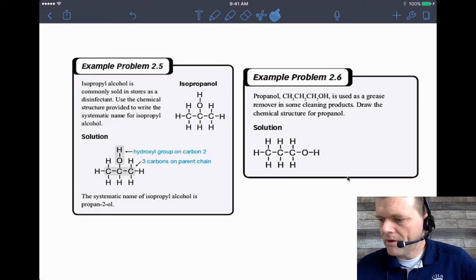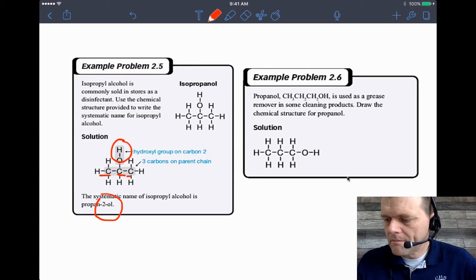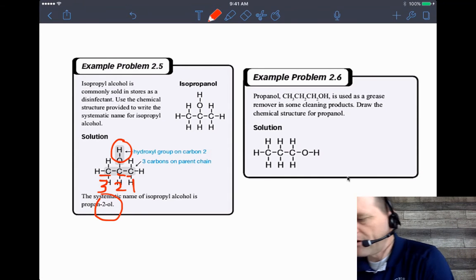So isopropyl alcohol is actually propane with a hydroxyl group stuck on the top. As you can see here, there's the OH group, and then we just go 1, 2, 3 to make sure that's propane. So we would say propane, but you would put the 2, because anywhere you count from, this would be number 1, 2, or 3. If you count from right to left, or the other way around, it doesn't matter.